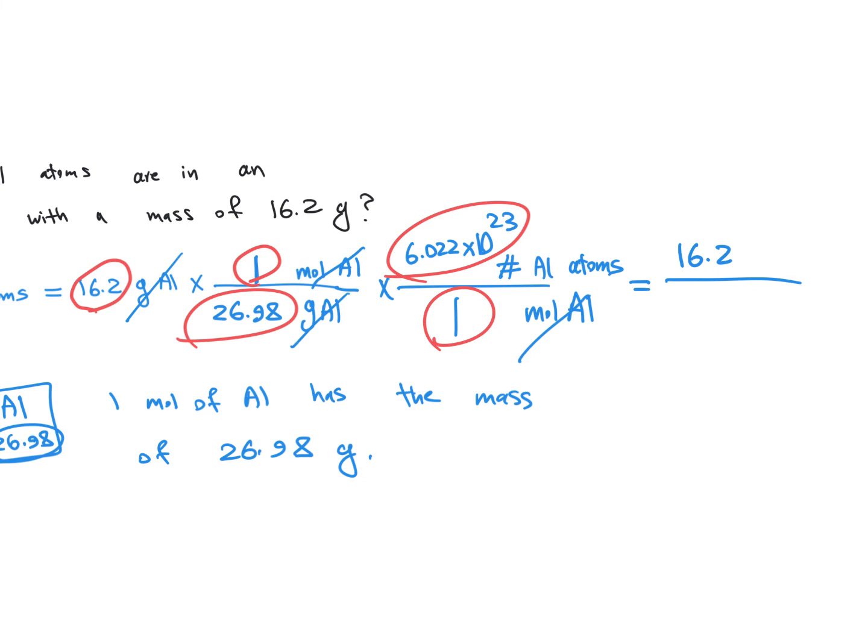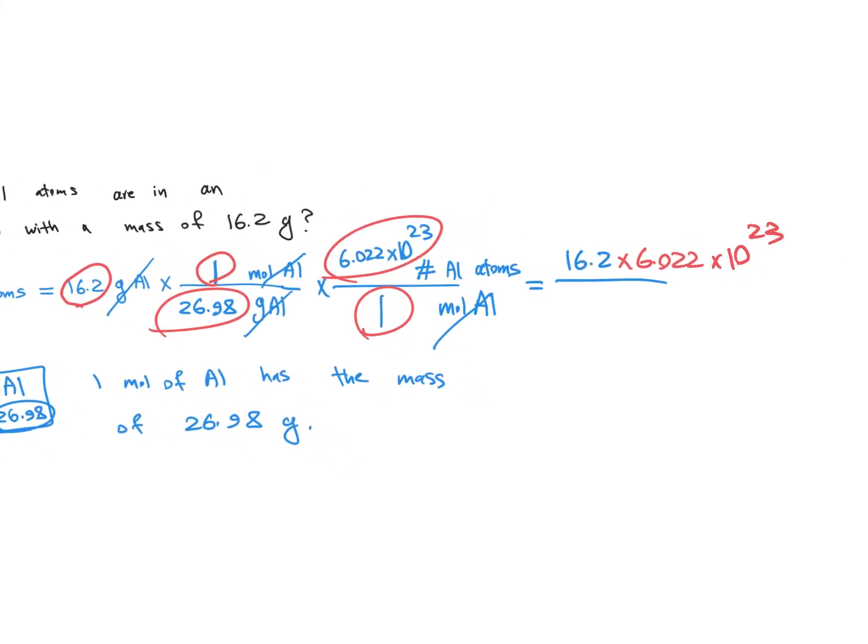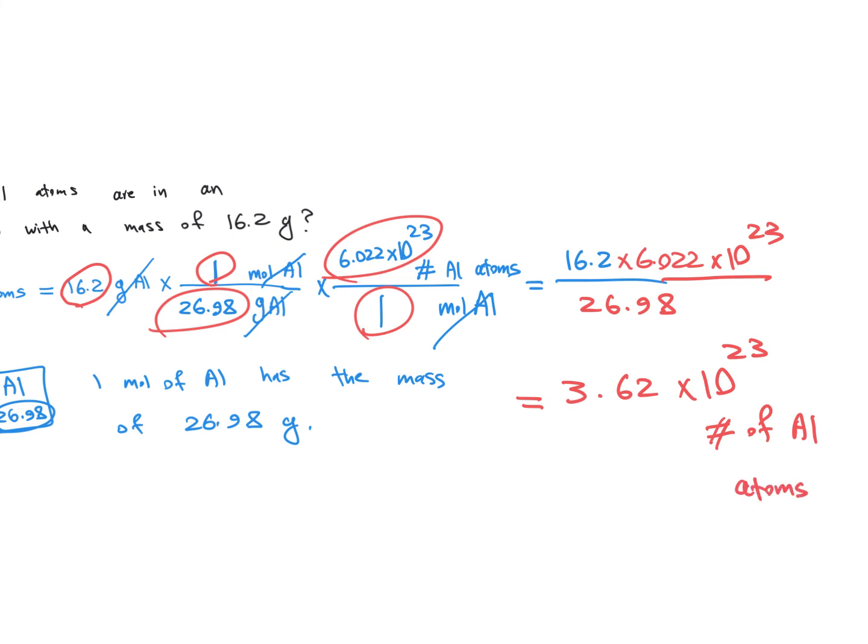Sometimes if you write things cluttered, or don't have enough space, maybe you write something and then forget to take that into account. So remember to have all the numbers that you write in your calculator. Okay, and when you do the math, you get the number 3.62 multiplied by 10 to the power of 23, and this would be the number of aluminum atoms.